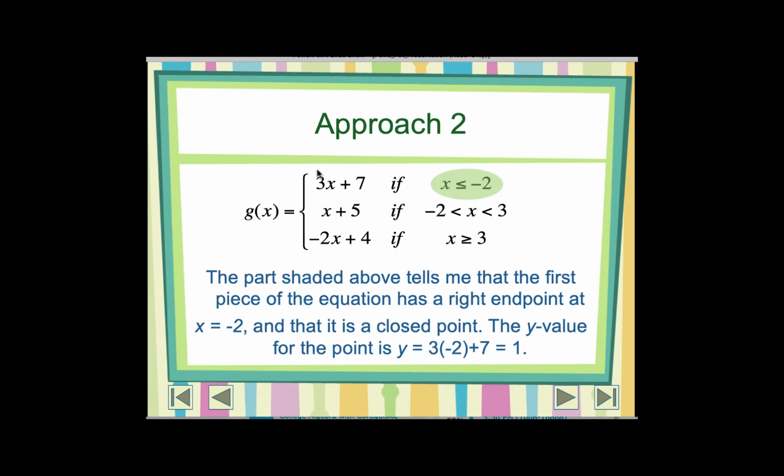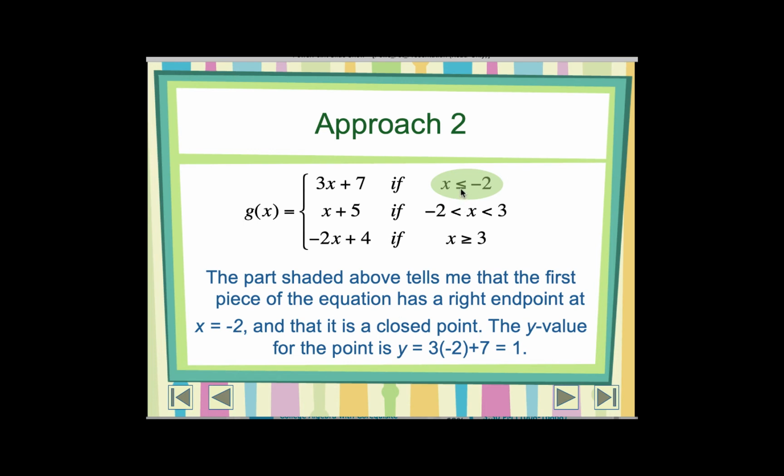I know from my experience, when x is less than or equal to negative 2, that means I'm going to be drawing a ray. And so for each ray, I need an endpoint, and then I need to figure out how to get another point on the graph of the ray. This negative 2 right here tells me that my right endpoint is going to be at negative 2.